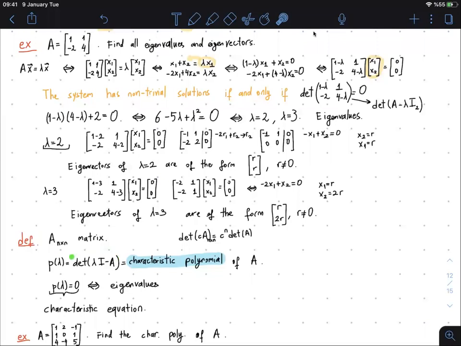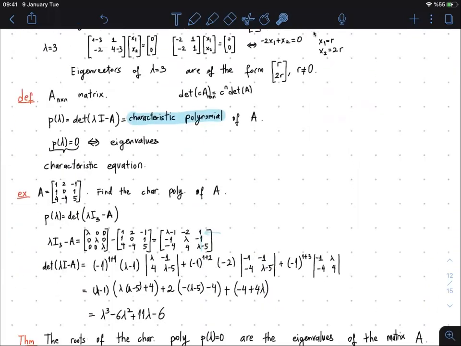So if I take this determinant, the result will be a polynomial in lambda. Now the eigenvalues are basically roots of this characteristic equation. Any lambda which solves this equation is an eigenvalue.